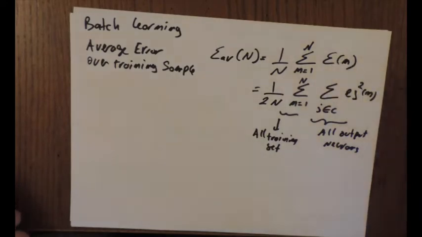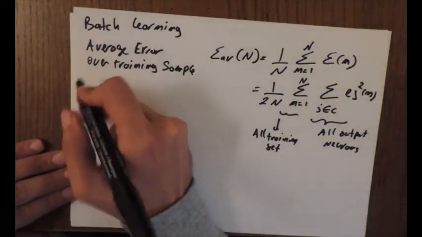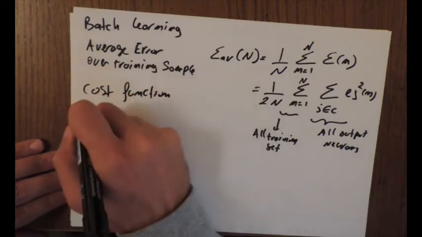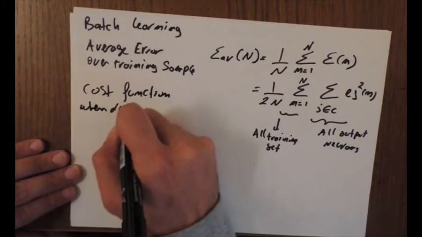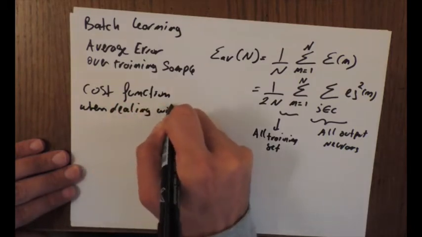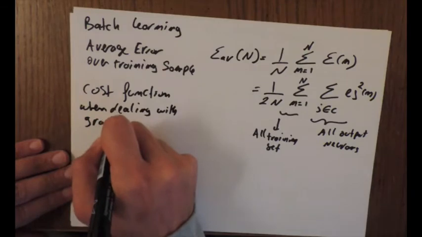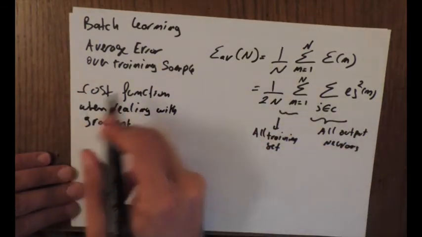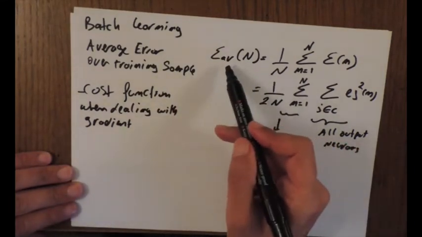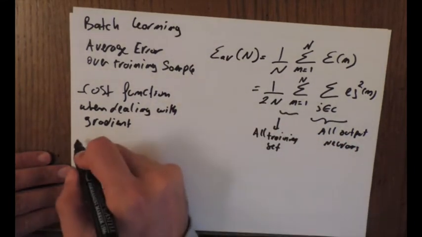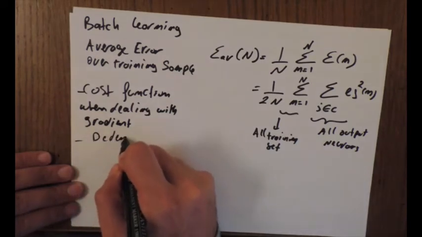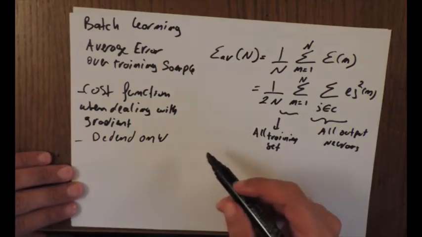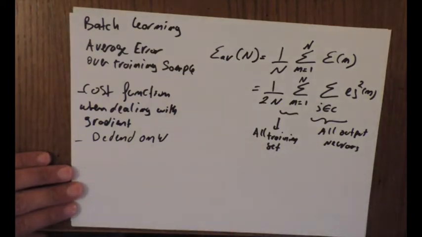We calculate it for all, and this constitutes the cost function when dealing with the gradient. Furthermore, we can see that both the average error and the instantaneous error depend on W. So later on we're going to take the derivative with respect to W so we can minimize the error.